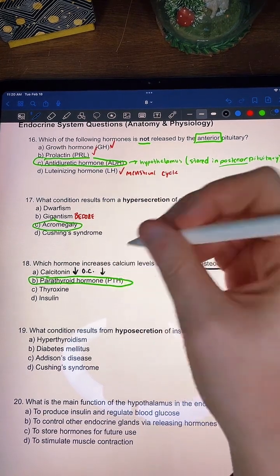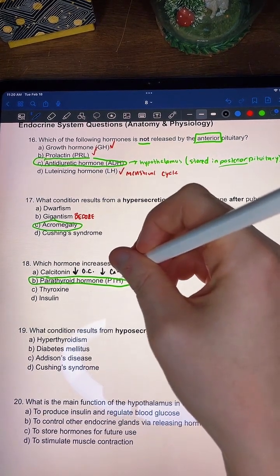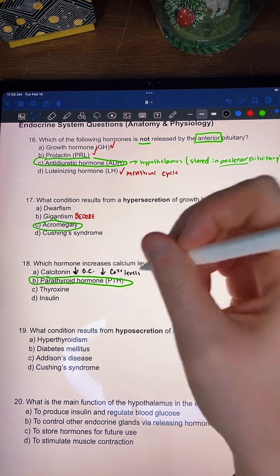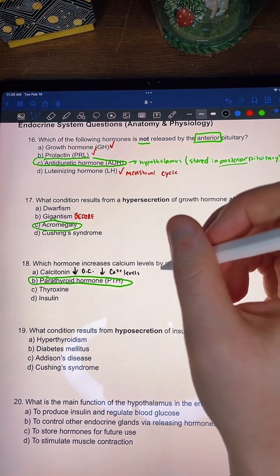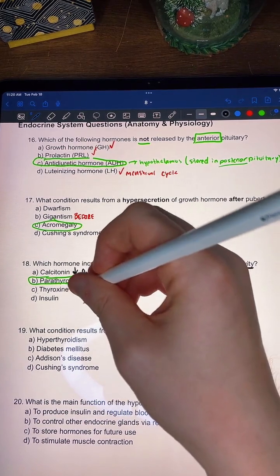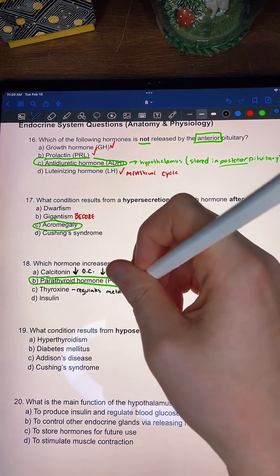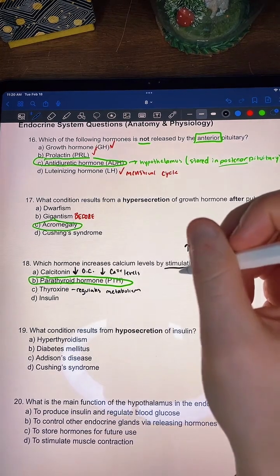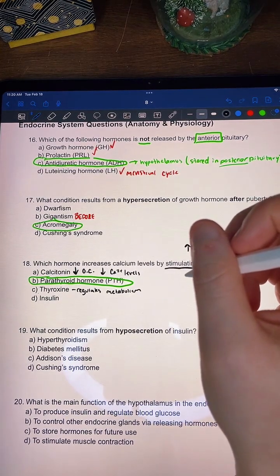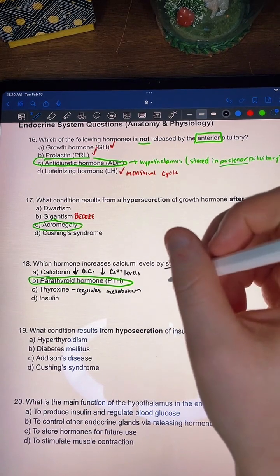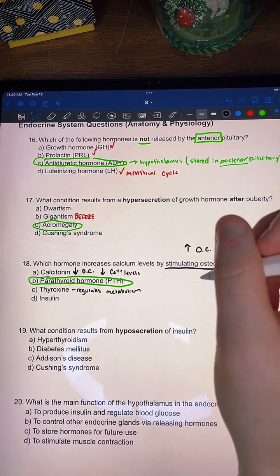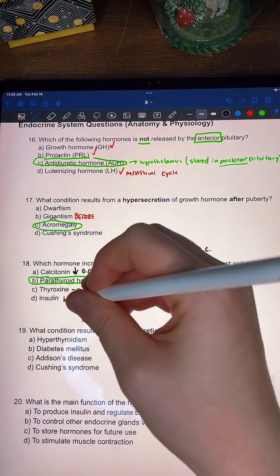So it lowers Ca2+ levels. And then thyroxine regulates metabolism, but does not have any effect on osteoclast activity. And then insulin is for blood glucose.